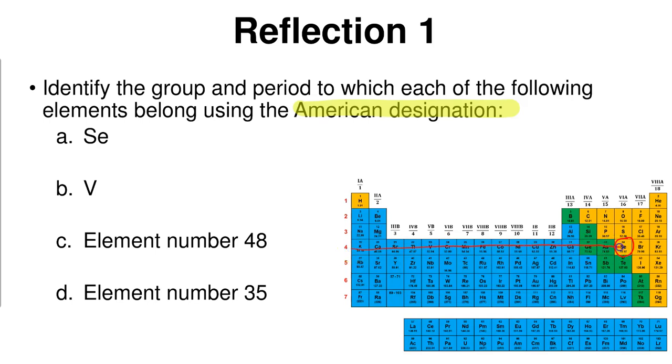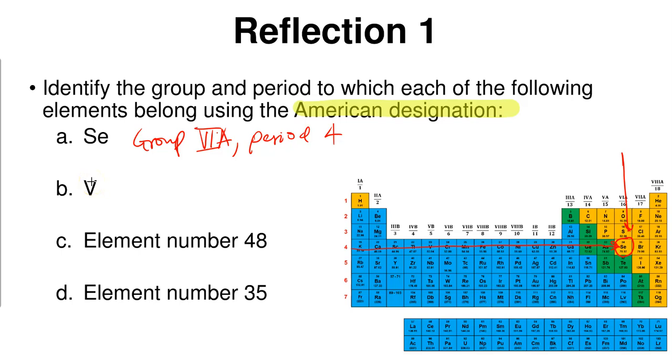This is period 4. So selenium is located in group 6A and period 4.